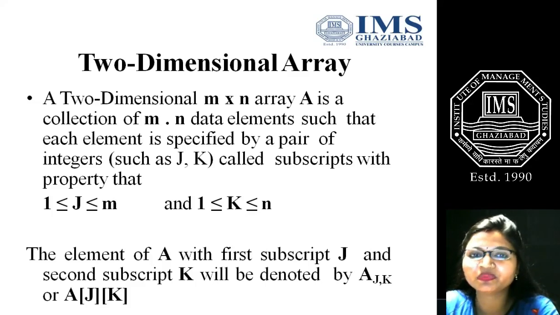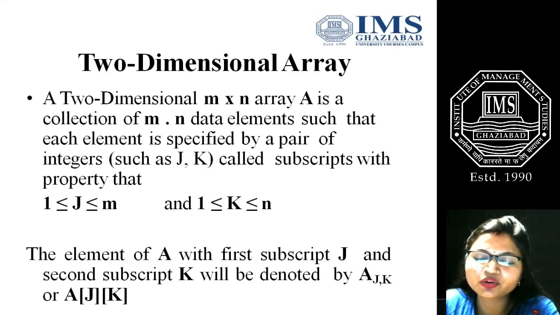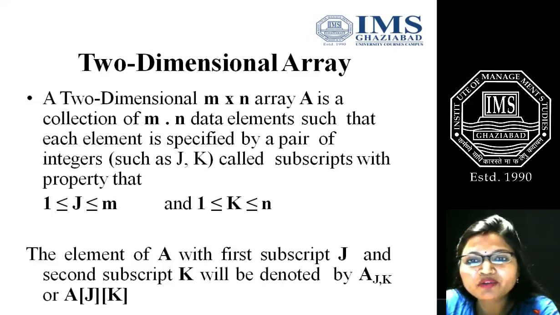So basically a two-dimensional array is a matrix form where in m cross n, m represents the total number of rows and n represents the total number of columns in a matrix. The total number of elements is the product of m dot n.